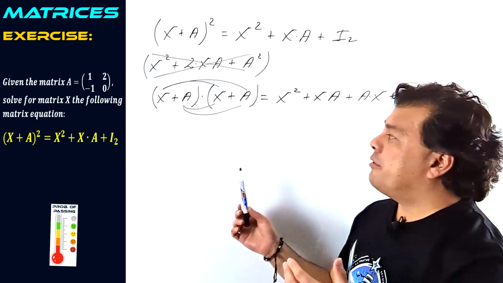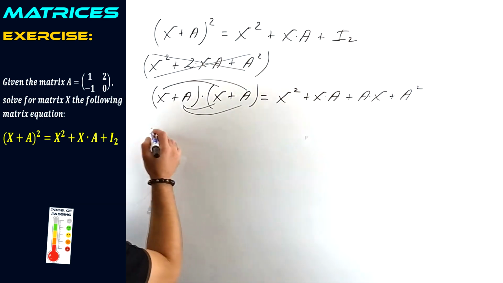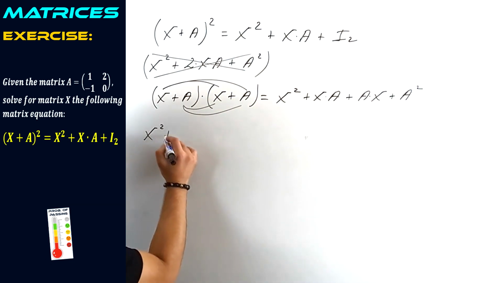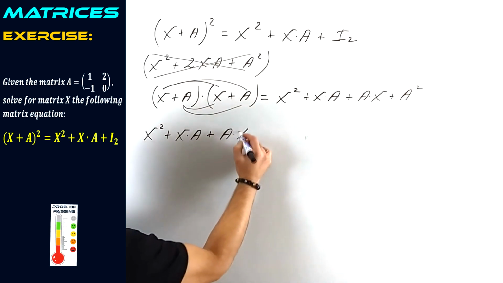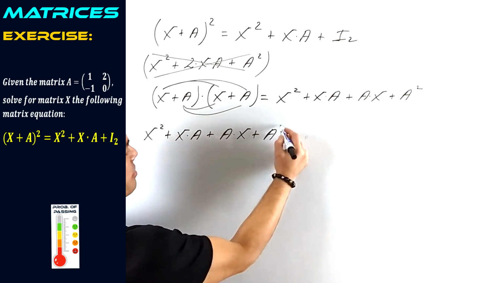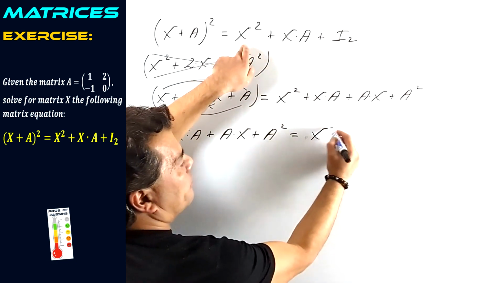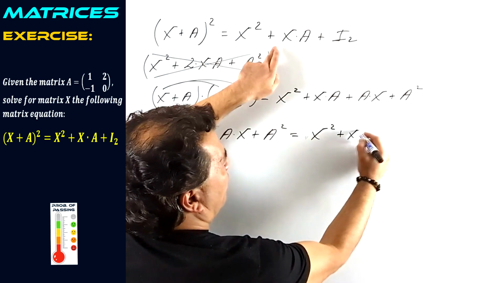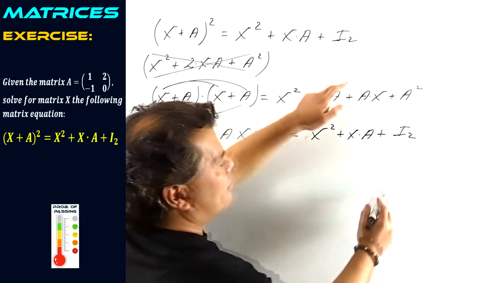So what we are going to do is to copy this structure: X squared plus XA plus AX plus A squared equals X squared plus X times A plus the identity matrix.